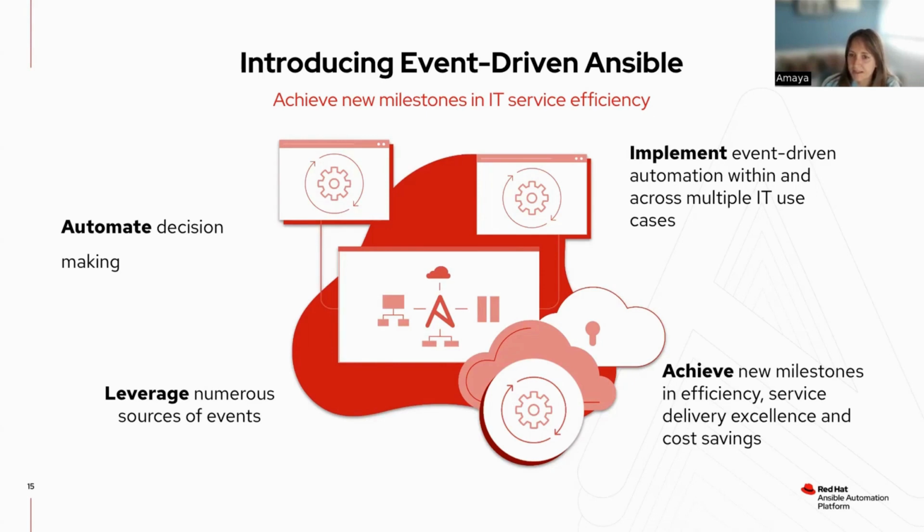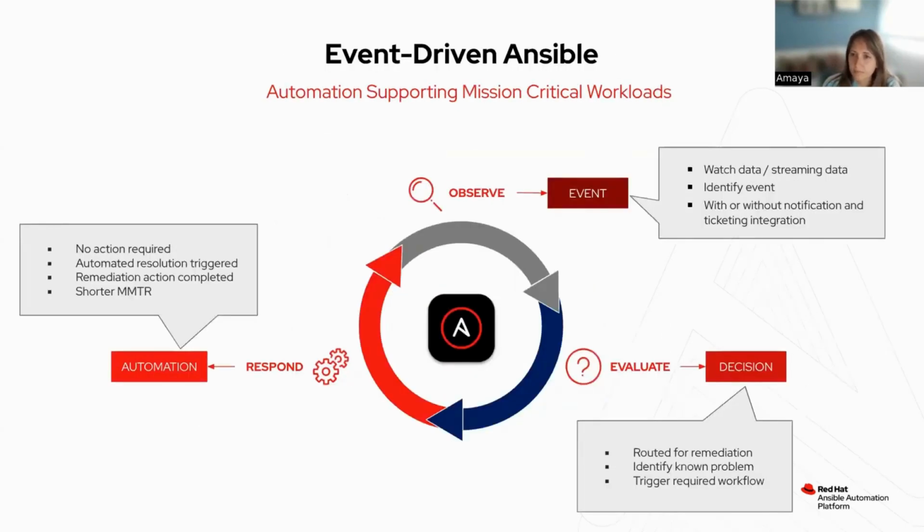It is a flexible way to implement event-driven automation scenarios because it automates across multiple IT use cases. Event-driven automation doesn't stop at an isolated use case. It extends its reach across the entire IT landscape, seamlessly integrating across multiple use cases.